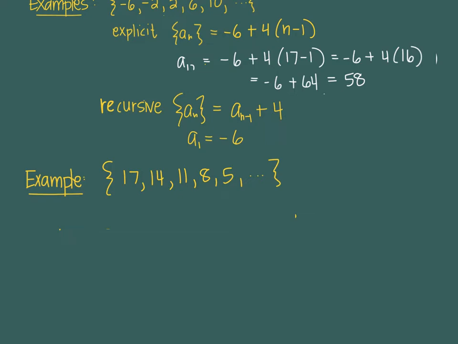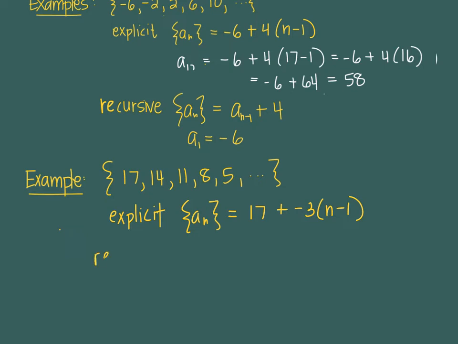And so we write our explicit formula for this. So a sub n equals the first term, which is 17, plus the difference, which is -3, times the parentheses n minus 1. And using that explicit formula, again, you could jump ahead to any term in that sequence by plugging in the number of the term you want to find.